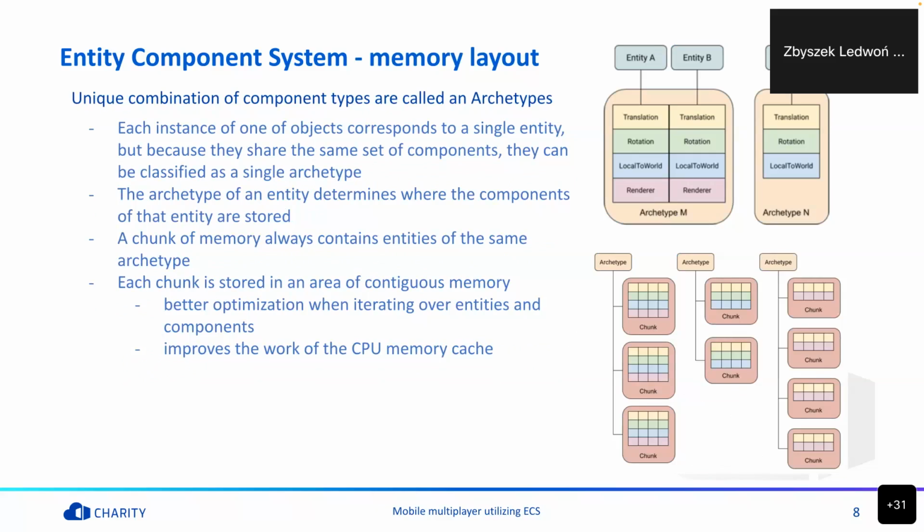Now, for a moment, let's dive a bit deeper into memory management of entity component system, because as I said, it's a key element of the framework that allows us to run the code very efficiently. So, as you can see on the image here, entities of the same type containing the same set of components are called archetypes.